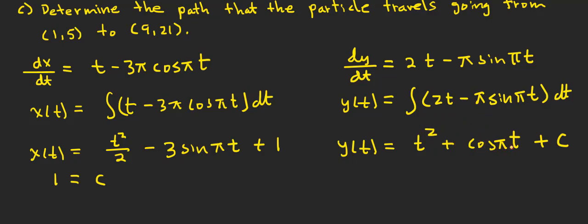And notice, when you find the derivative of cosine pi t, you'll get negative, and then the derivative of pi t is pi, and sine of pi t. If you want, you could use u-substitution as well. Now, how do you find the value of c? Well, when t equals 0, you know that the y value is going to be 5. So 5 equals 0 squared plus cosine of 0, which is 1, so it's going to be 1 plus c. This means that c is going to be 4. So therefore, y of t is going to be t squared plus cosine of pi t plus 4.